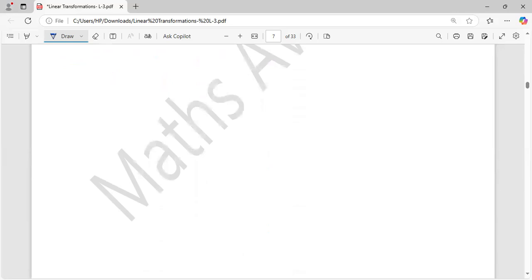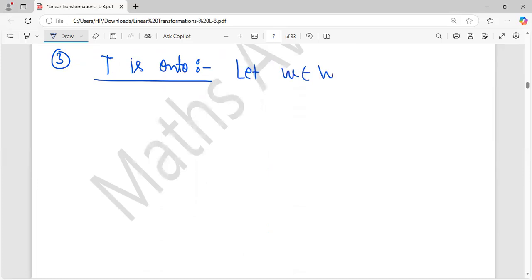Okay, T is onto. Let alpha 1, alpha 2, up to alpha n belong to F^n.